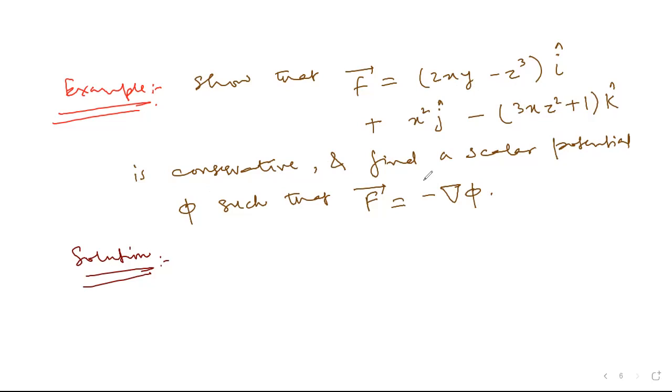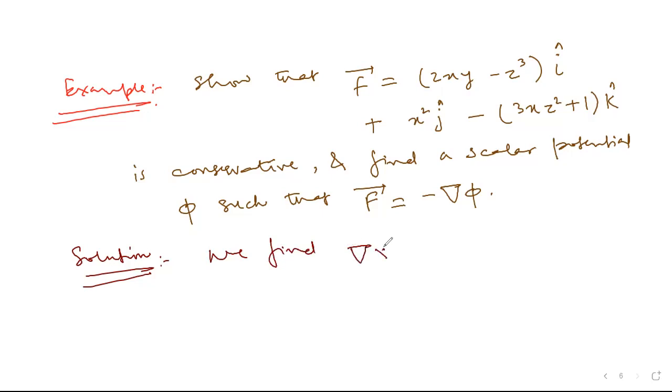We have to first show that it is conservative, and then find a scalar potential corresponding to this conservative force field. So to show that this force field is conservative, we will find its curl.